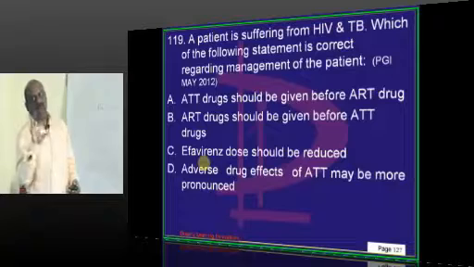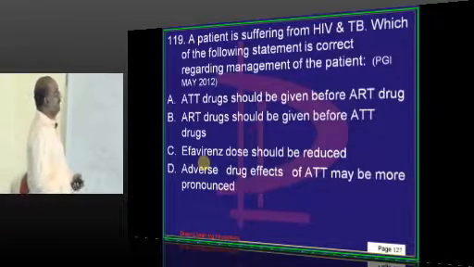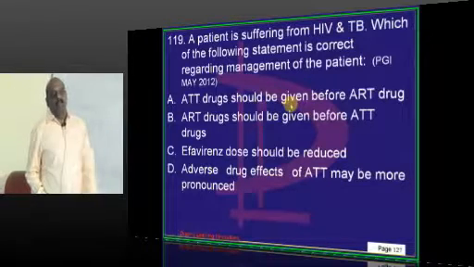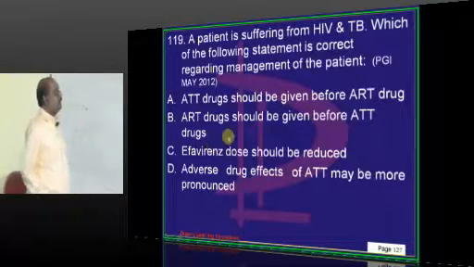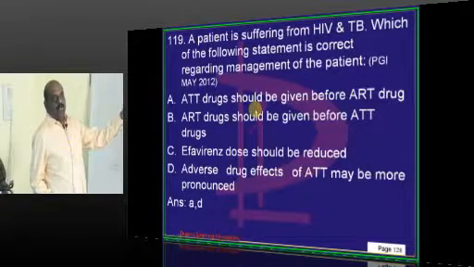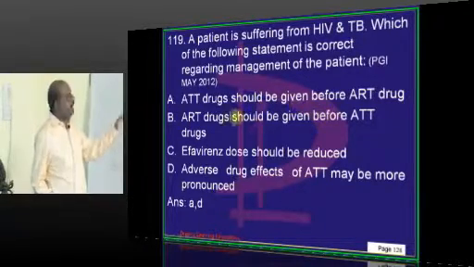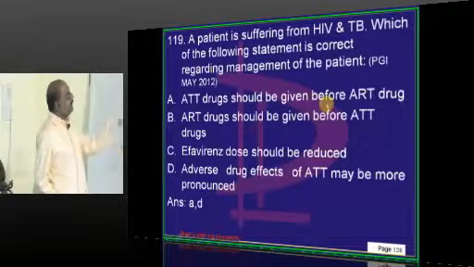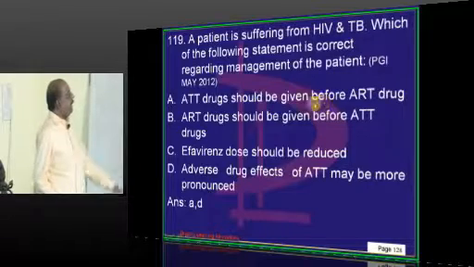Then, doctor, another 5 questions will finish up to 125 and call it a day. A patient has HIV and TB. What is the protocol? Basically ATT drugs versus ART. ATT should be given before ART is a true statement.